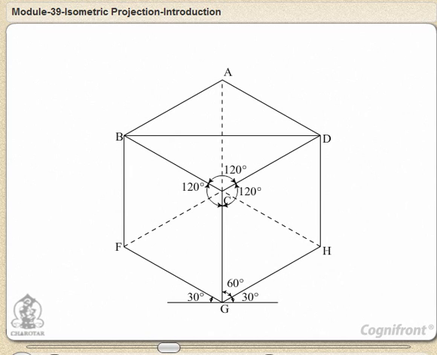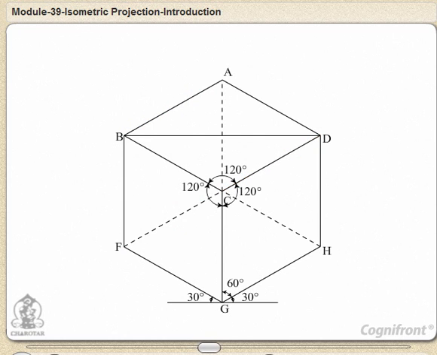BF, DH and AE lines are parallel to axis CG. FG, AD and EH lines are parallel to axis BC. GH, AB and FE lines are parallel to axis CD.